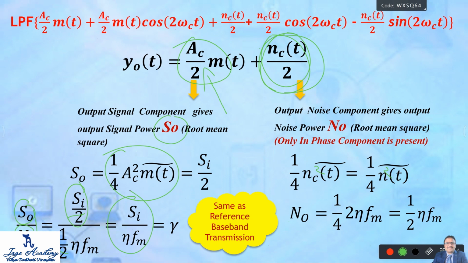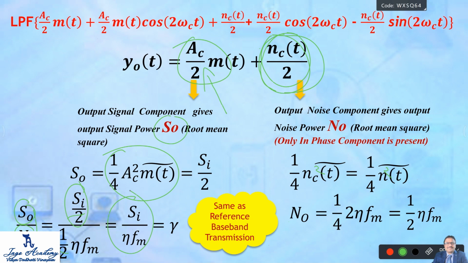I understood this. Now this is the noise effect for which type of modulation? Double sideband suppressed carrier, AM. What about AM? AM is different from double sideband suppressed carrier, right? So don't you think we need to do that also?